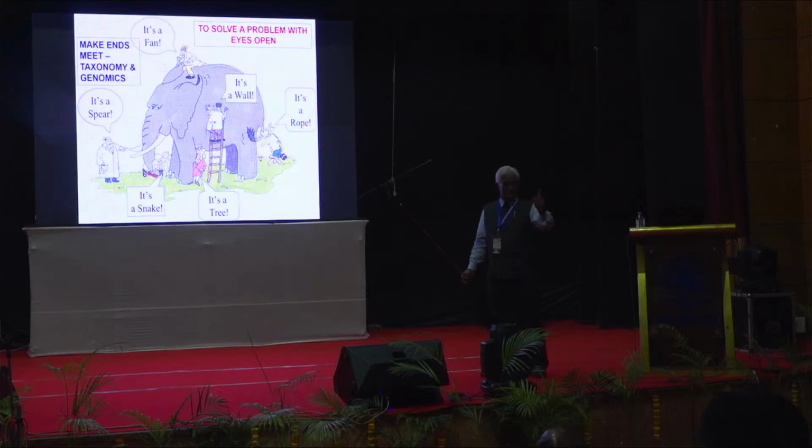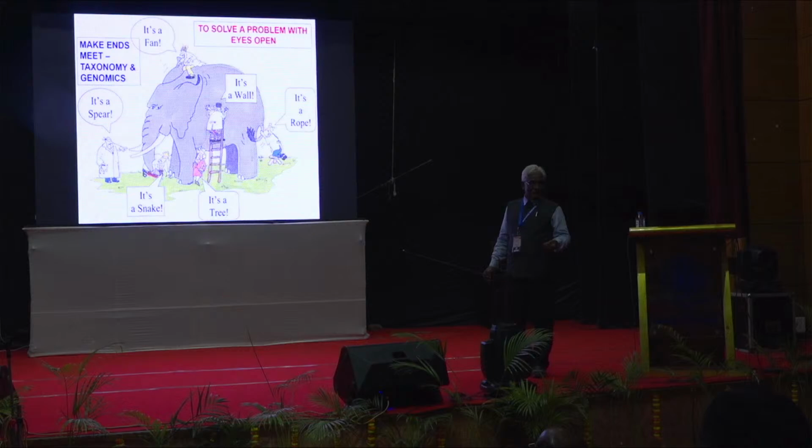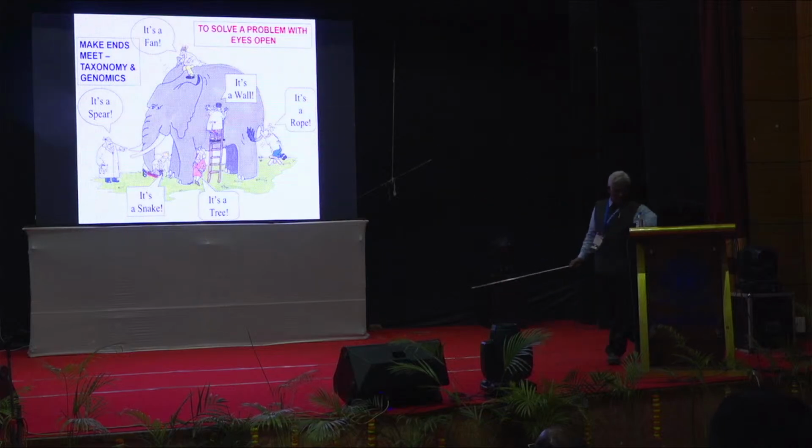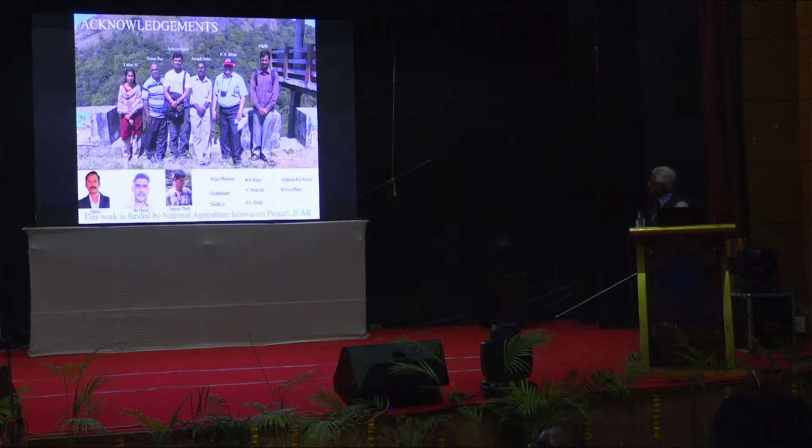Somebody says, no, it is one genus. It should be treated as a subspecies. So this will go on, because every taxon is a concept which changes from time to time, and therefore it changes. So to solve a problem, taxonomy and genomics together, we should work. That is also equally important, right?